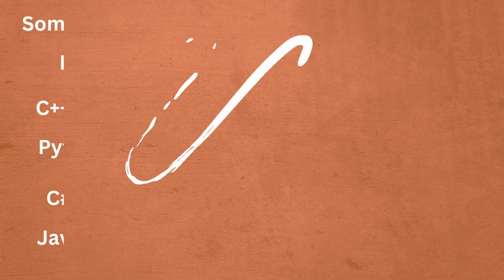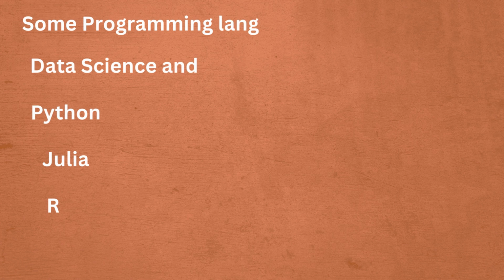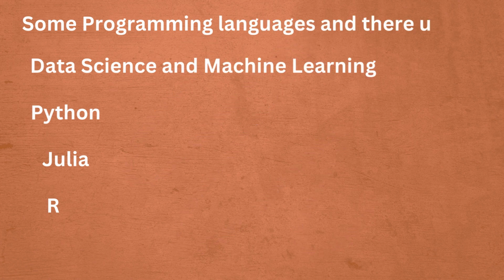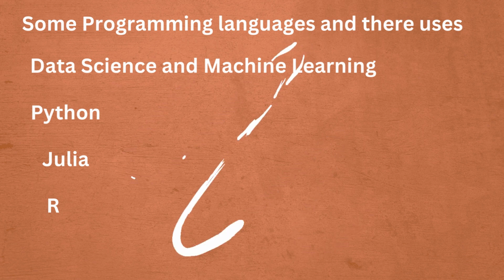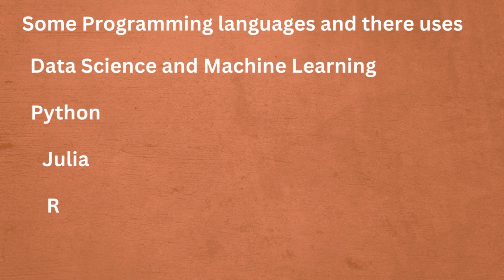Now, data science. If you want to be a data scientist, the current trending technology we are having now is AI. So if you want to go into data science and machine learning, I would advise you to go with Python, Julia and the R programming language.